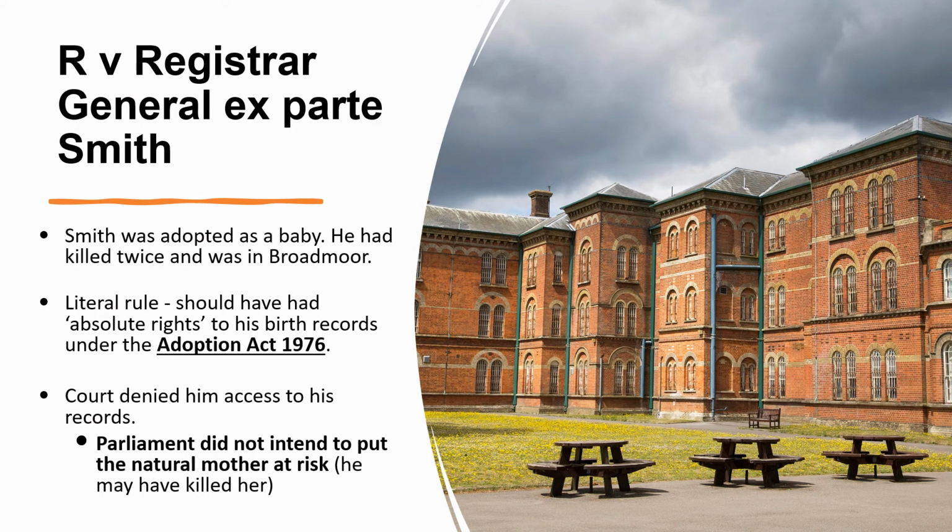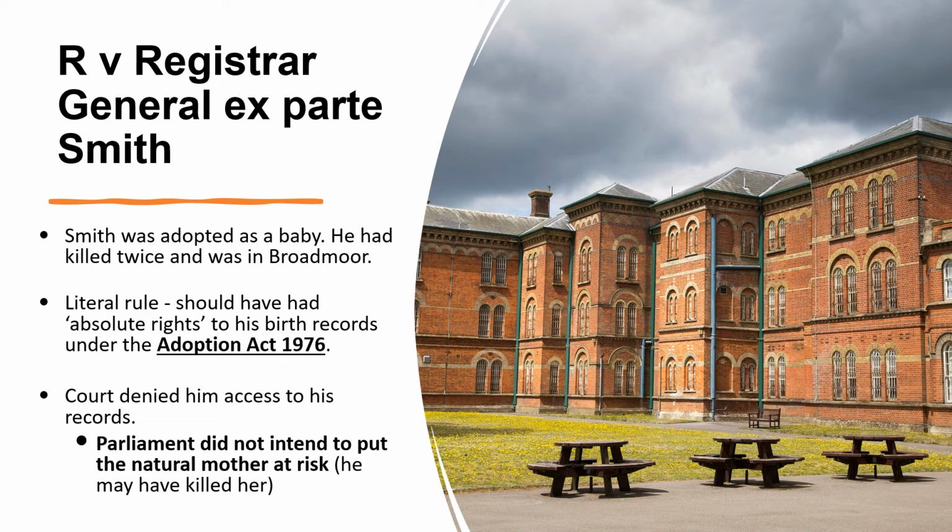Now, in the case of the Crown and Registrar General ex parte Smith, Smith, the defendant in this case, was a man who had killed twice, and he was in Broadmoor, which is a secure psychiatric unit. Now, if using the literal rule, he should have had absolute rights to his birth records to be able to find his birth mother.